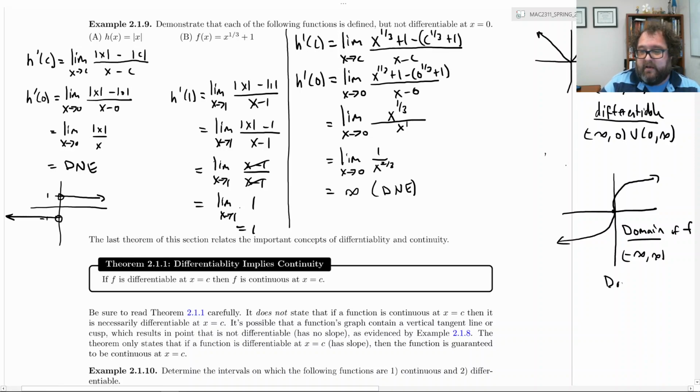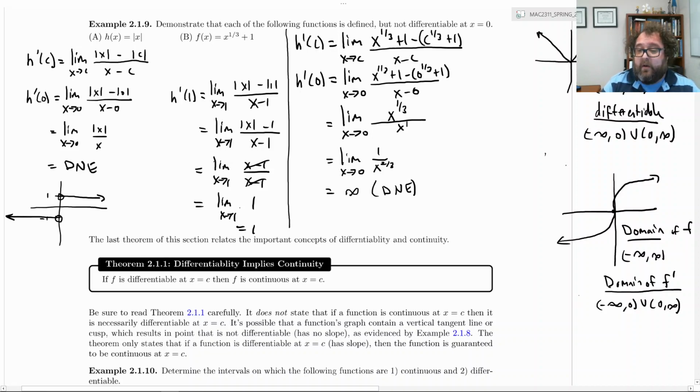The domain of f prime, that is the domain of the derivative, is all real numbers except for 0. Just like it was with the absolute value function.